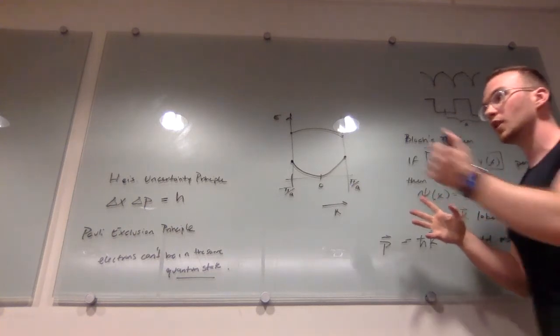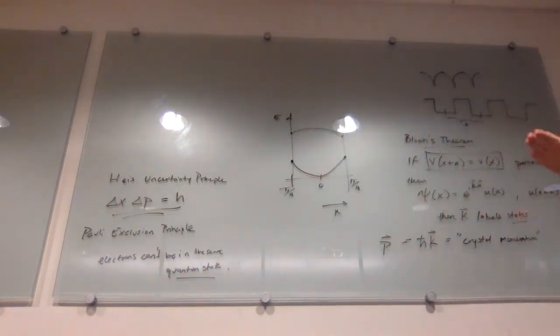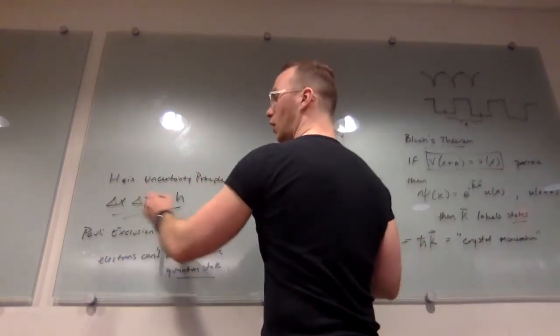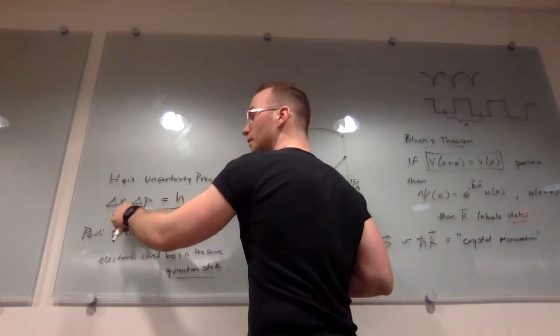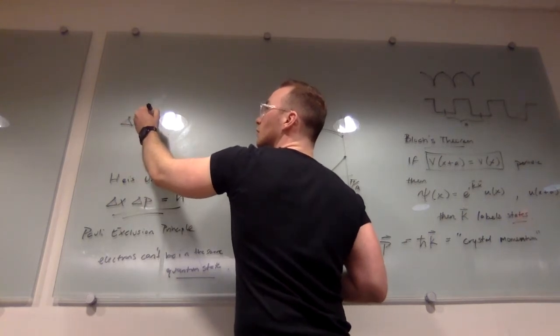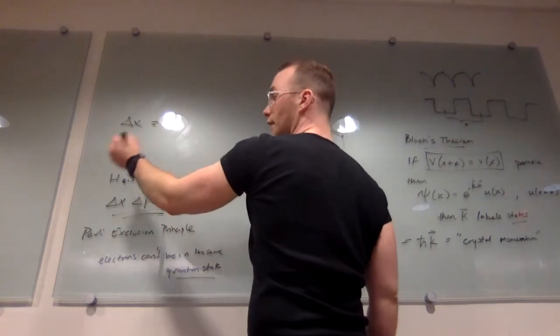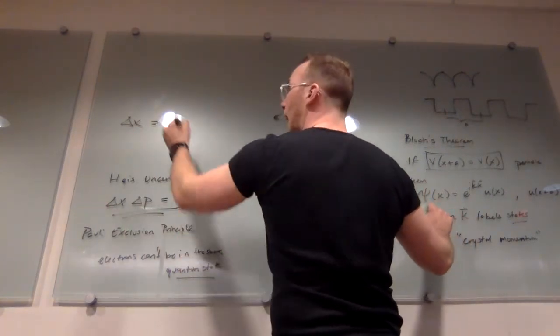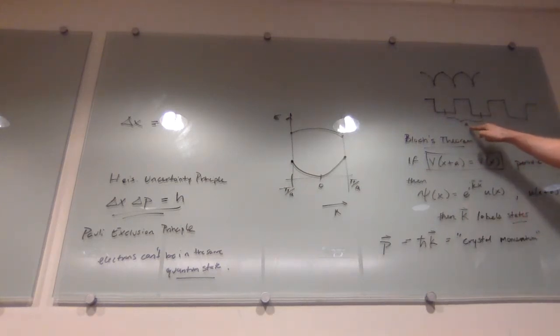Well, the uncertainty principle actually gives us a limit on the number of states we can have. And the reason is that delta x is the uncertainty in position. Let's say at the limit, the most uncertain in position of our wave function psi can be the crystal period.